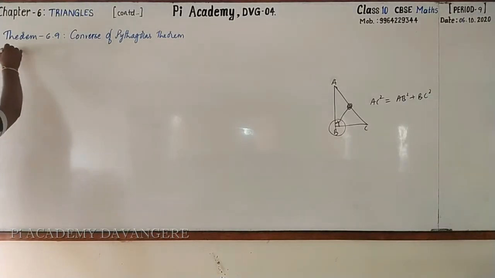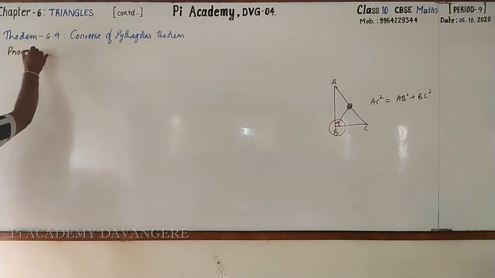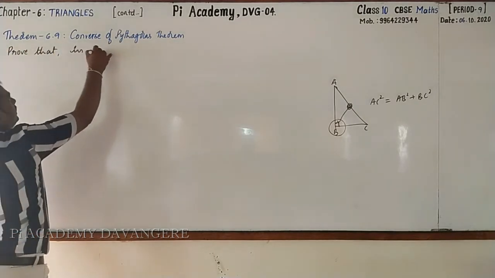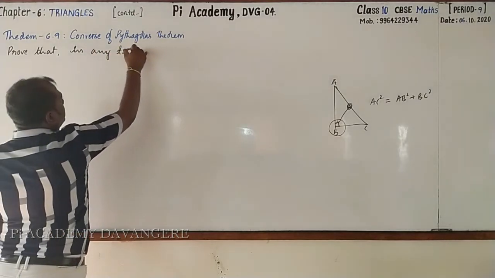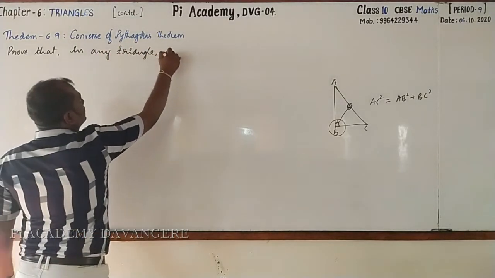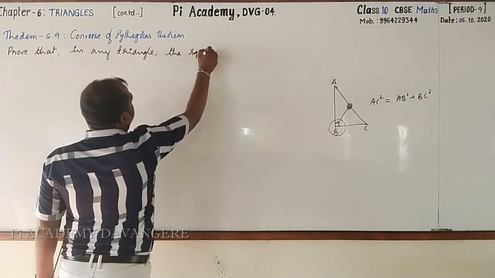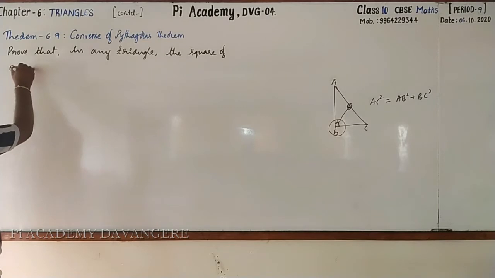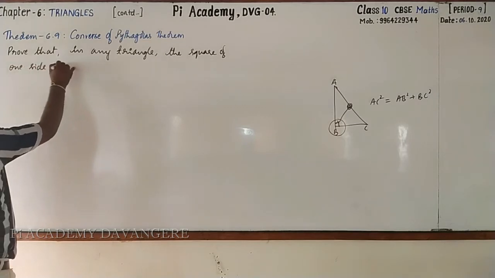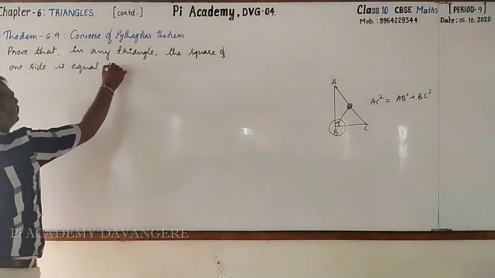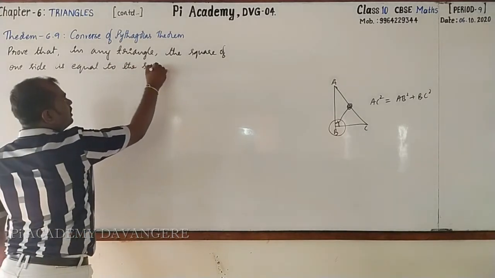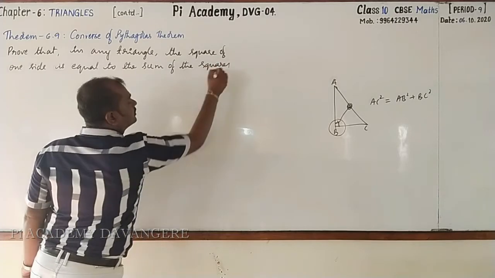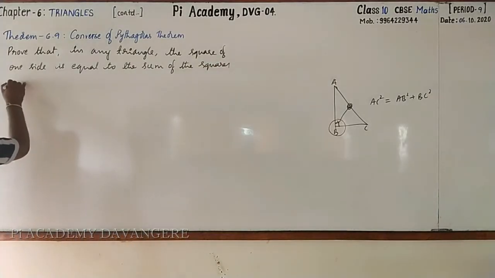Write it as a question. Prove that, in any triangle, the square of one side is equal to the sum of the squares of other 2 sides. Very good.